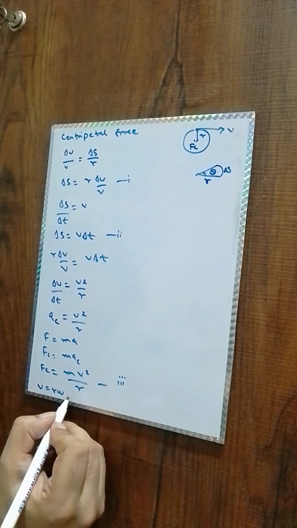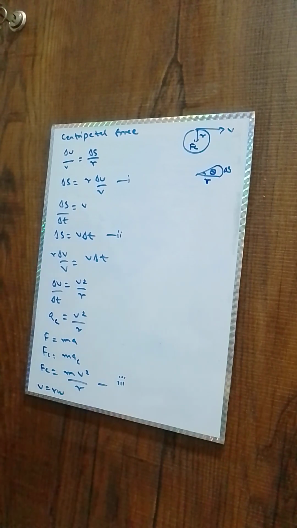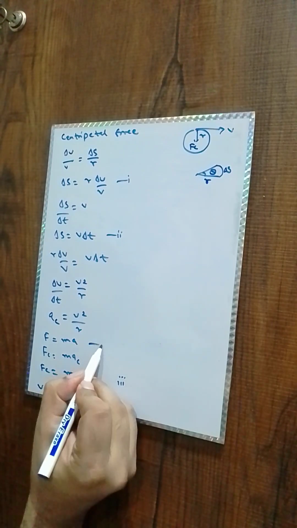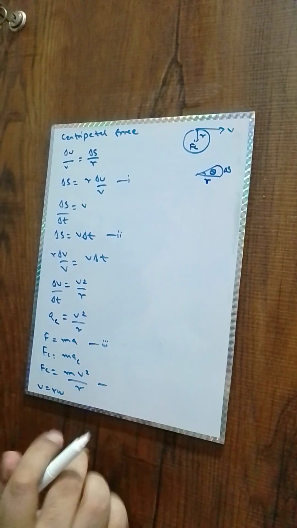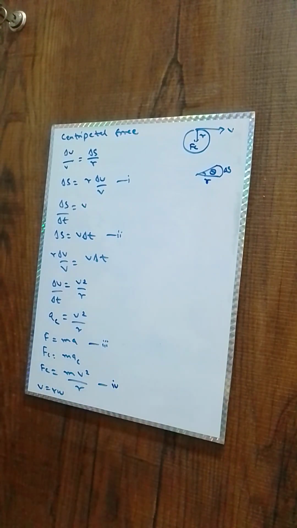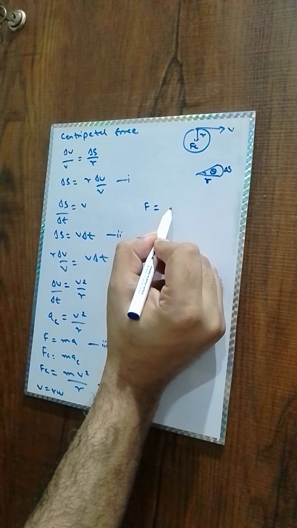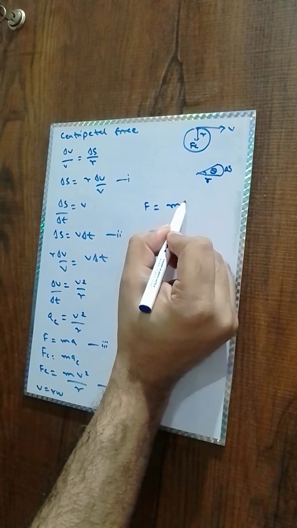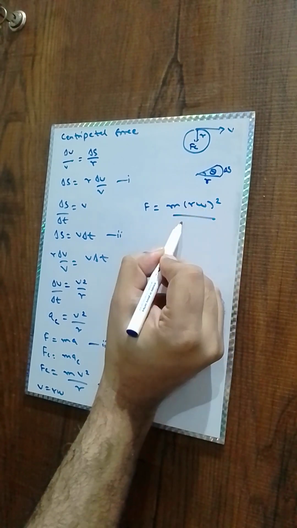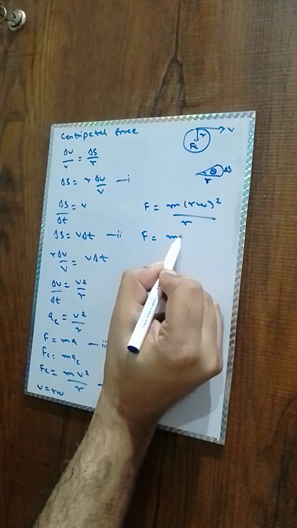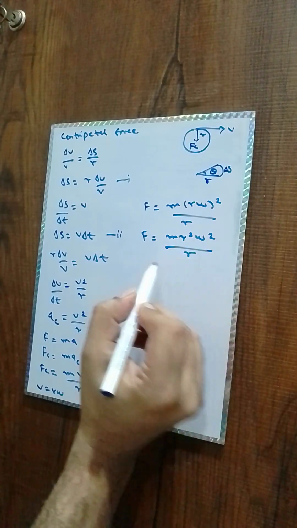So this suggests that F is equal to m (r omega) whole square by r, which means F is equal to m r square omega square by r.